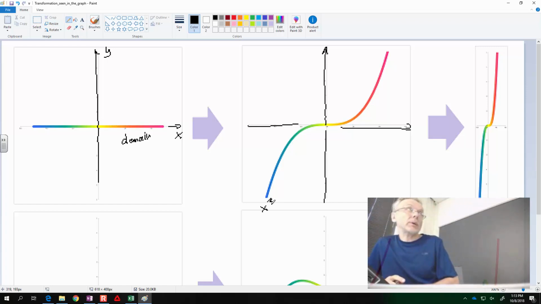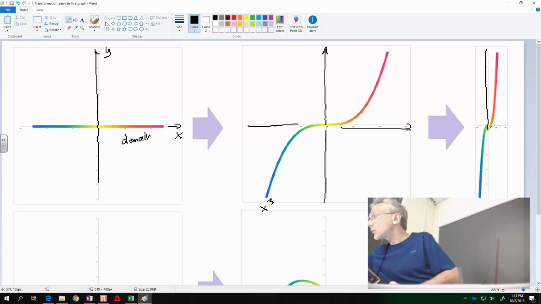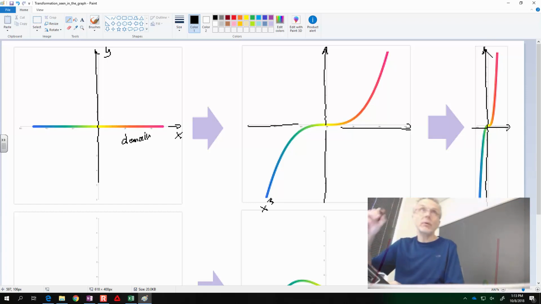That's what you see in the last image. So that colorized graph of the function ends up on the y-axis this time. Okay. So this would be the way we used this previously to compute the range. So the range would be clearly just the whole y-axis.